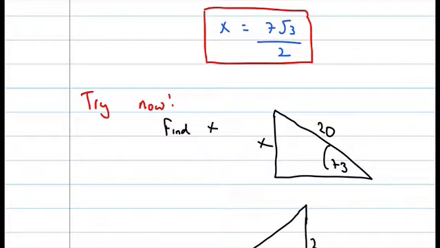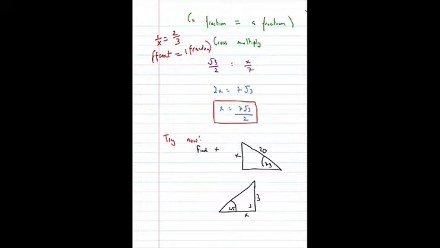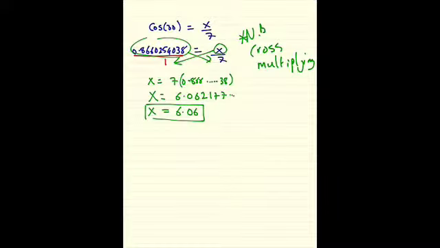X equals 3? Did you all get X equals 19.12 or something like that? Should be 1.3, sorry, rounded to 2 decimal places. We happy to move on? I'll let you away with that second one, it's just the same.